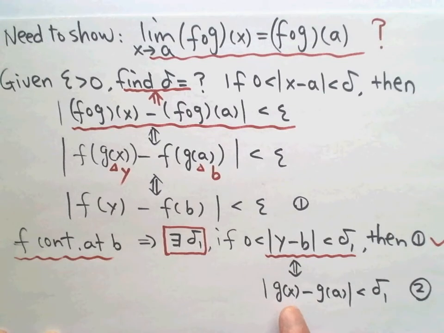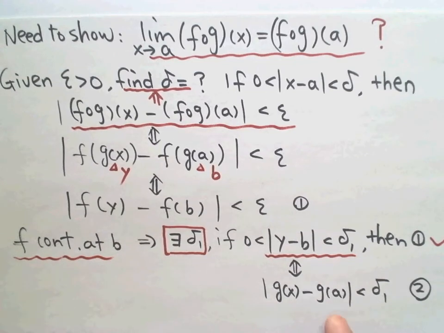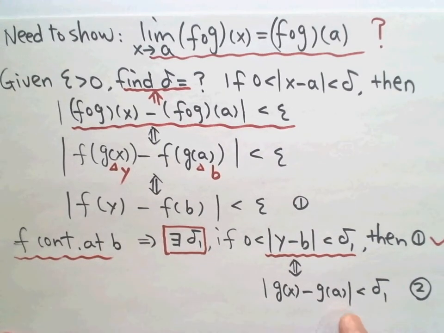This is linked to this. If delta 1 is given, no matter how small the number is, this means g(x) approaches g(a), right? Can g(x) approach g(a)? Yes, because g is the inner function. Because g is continuous at a, we're going to follow these ways. So that means this is true.